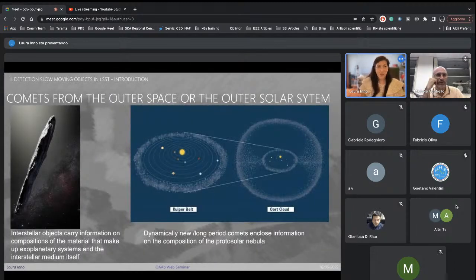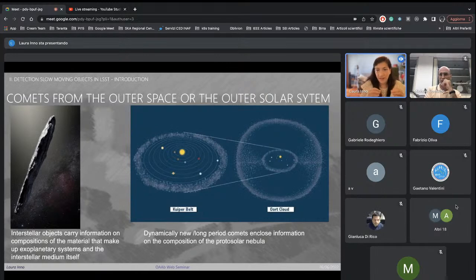Okay, so moving to the next project. This is about finding slow-moving objects in the LSST data. It might seem like we completely changed the subject, but it's not true, because actually comets that are coming from the outer space, like interstellar comets, or comets coming from the Oort cloud, so from the far side of the solar system that are coming in the inner part for the very first time, they encapsulate information about chemical composition of the protoplanetary disk.